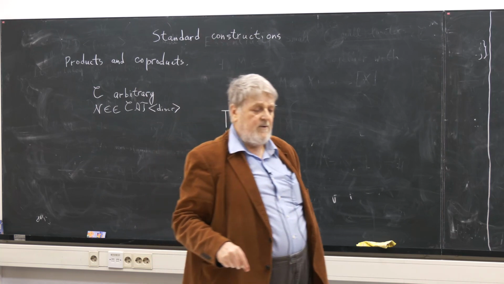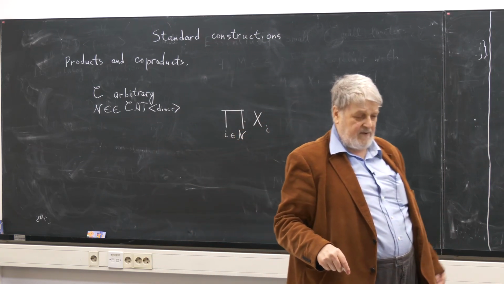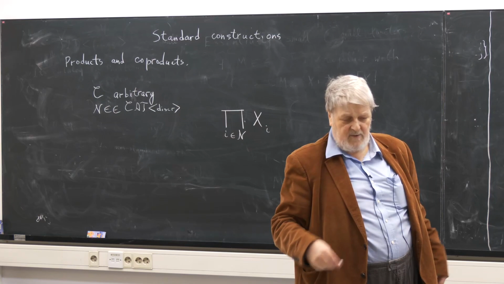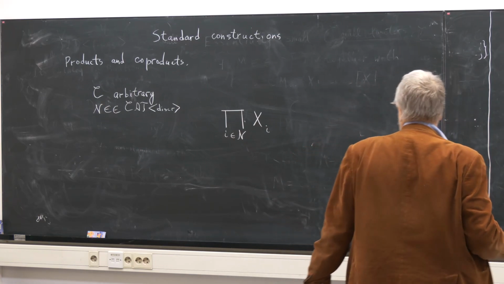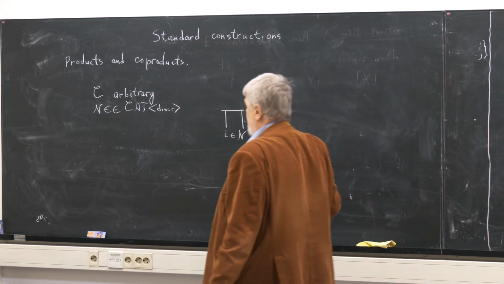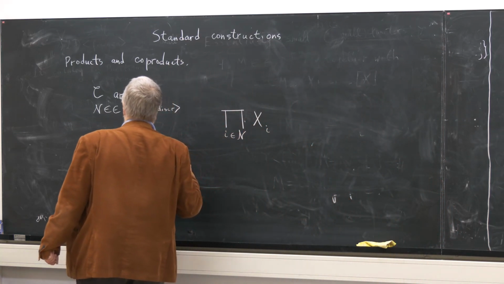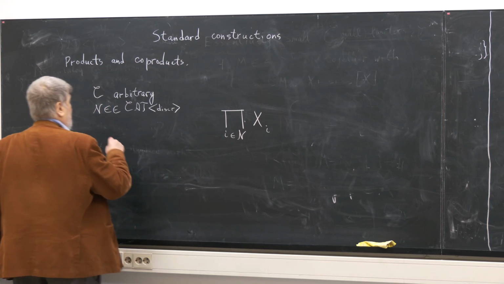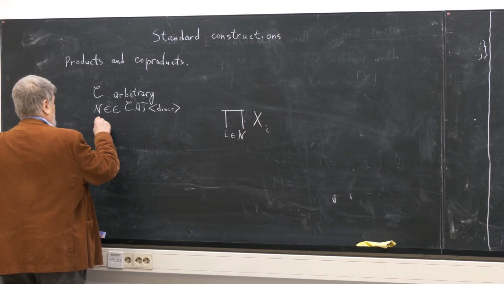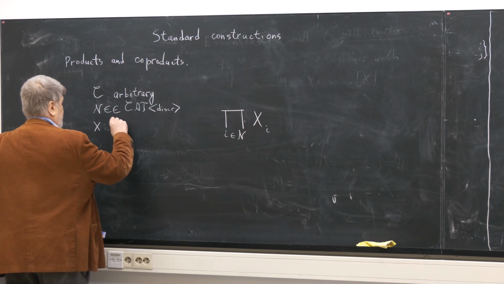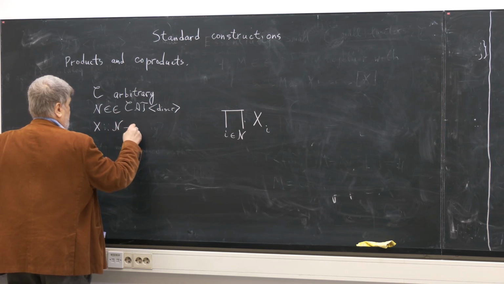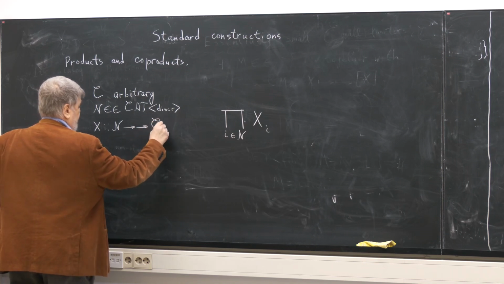When we are going to use them, it is going to be not a product or co-product, but a limit and co-limit. So N like this, and X is a functor from N to C.